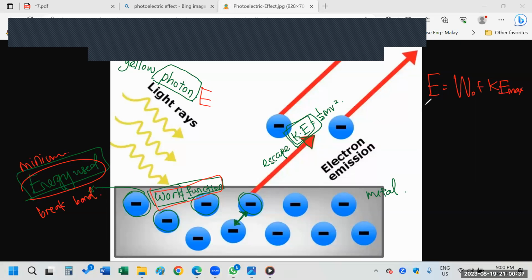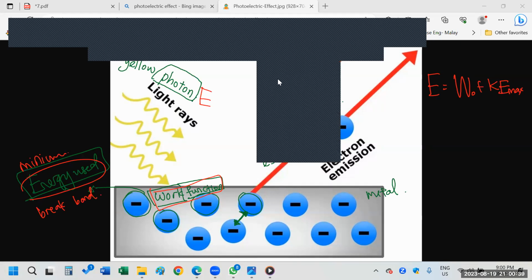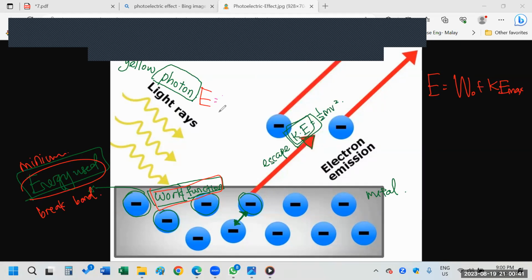So let's say the total energy here is 10 joules. Then the work function absorbed by the metal is 4 joules. The escape velocity depends on the kinetic energy, which means 6 joules.